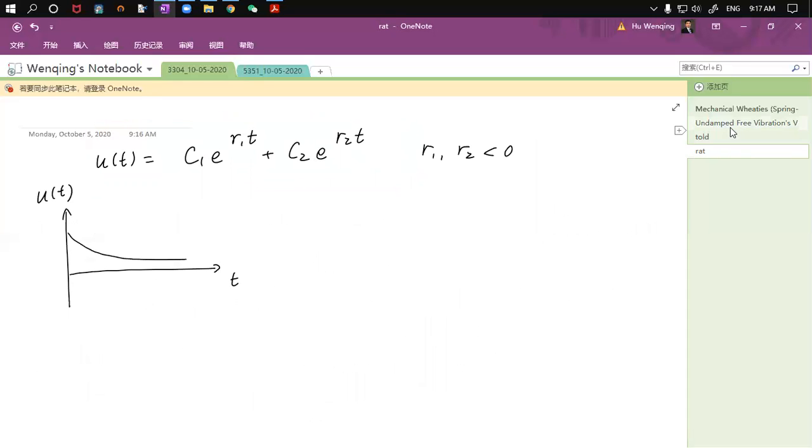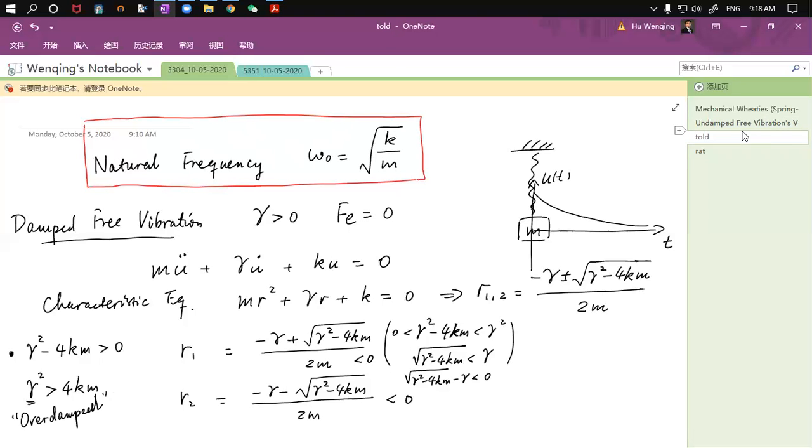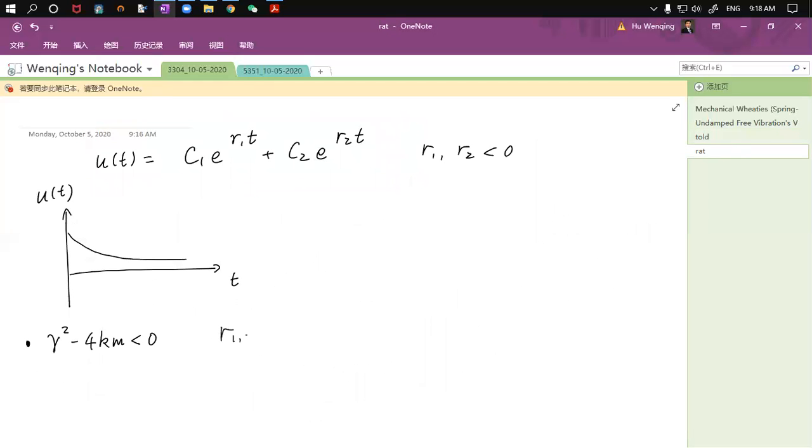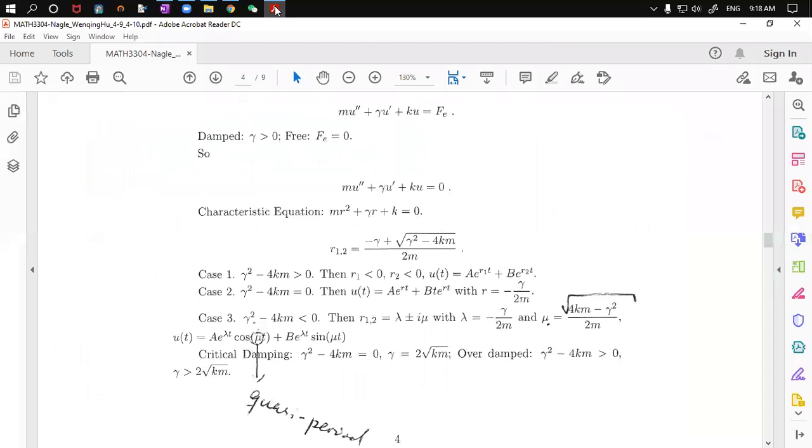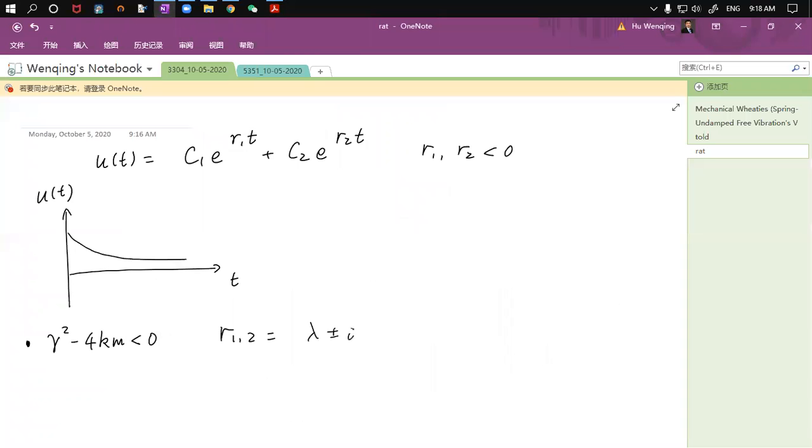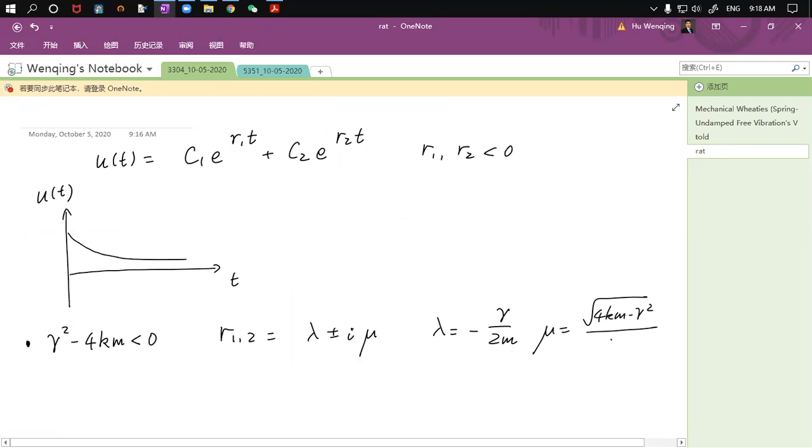Now we can discuss other scenarios. For example, when gamma squared minus 4km is negative, you're going to have two complex roots. So the r1,2 is going to be equal to lambda plus or minus i times mu, where lambda can be calculated as minus gamma over 2m, and mu can be calculated as the square root of 4km minus gamma squared, divided by 2m.